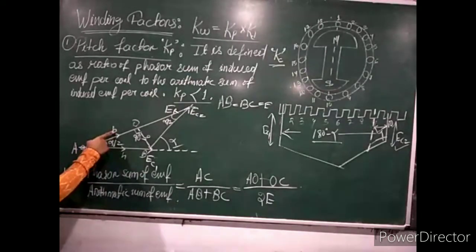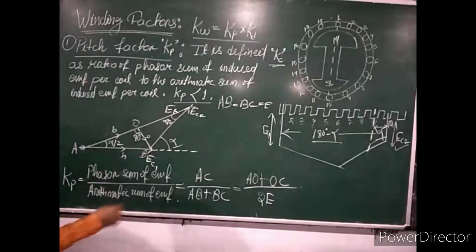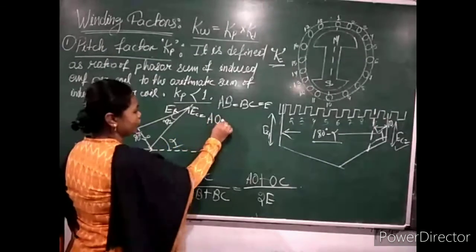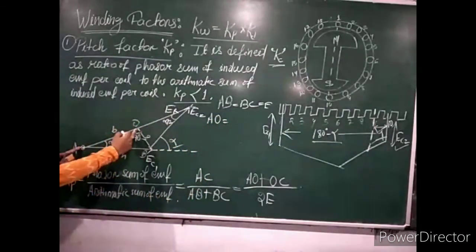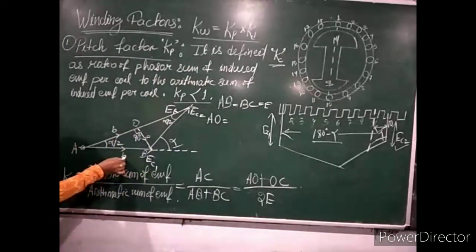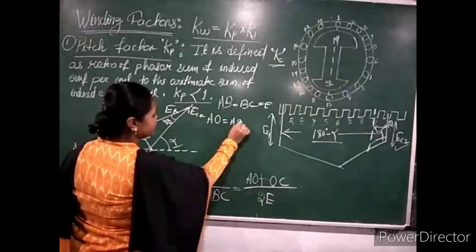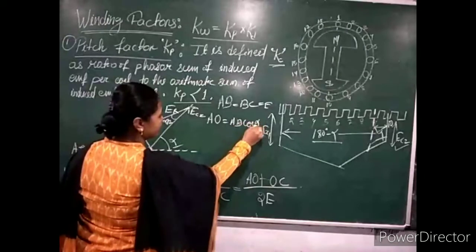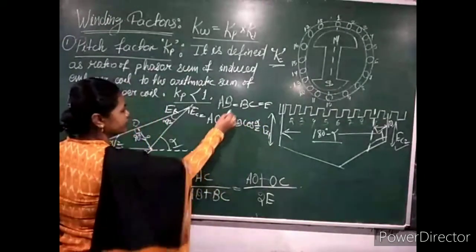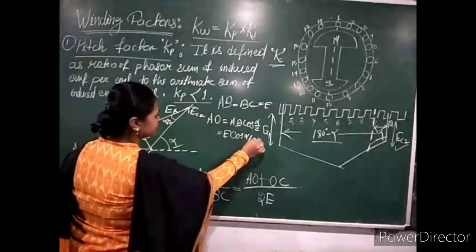Its magnitude is AB cos alpha by 2. AO is this part, the base, that is the cosine part, and AB is the hypotenuse. So AO is AB cos alpha by 2, and what is AB? That is E, so AO is E cos alpha by 2.